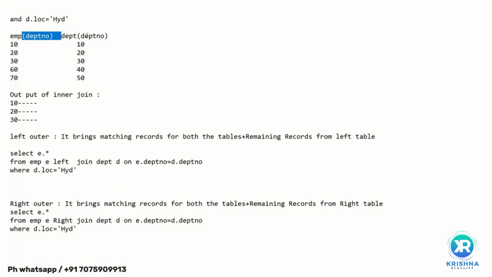In column 2, I have 1, 2, 3, 4, 5, 6, 7. Then can you please write the result of inner join, left outer, right outer, full outer? As you become senior, this question will be asked. And if you cannot answer that, you are disqualified. And anyone who answers that is selected.